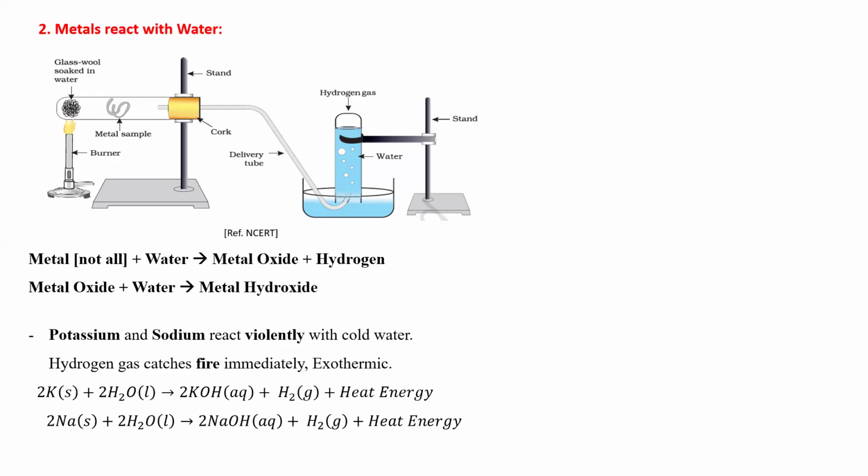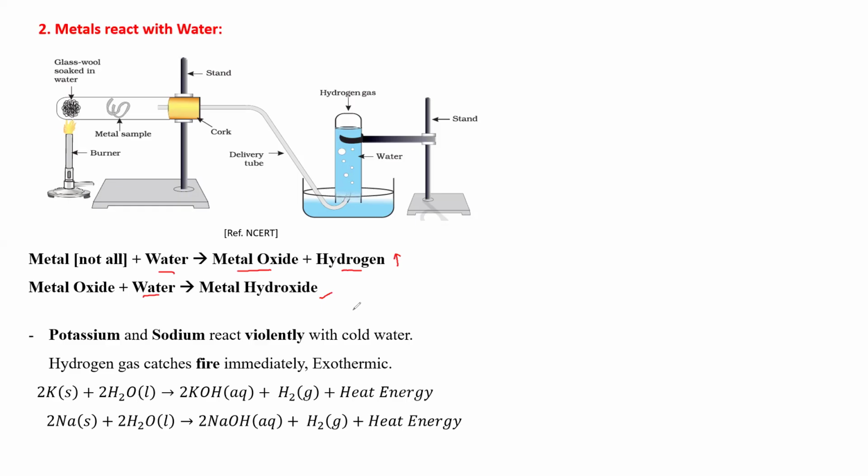So this is the reaction that you can see here: metal, but not all, that you always have to keep in mind, reacts with water to form metal oxide and hydrogen gas evolves. When this metal oxide further reacts with water, we get the metal hydroxide. So already we have seen that potassium and sodium react violently even with cold water.